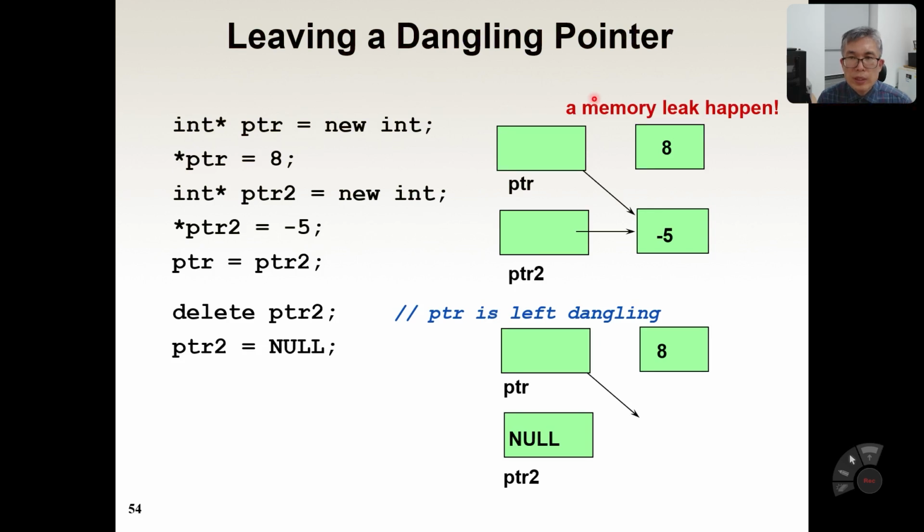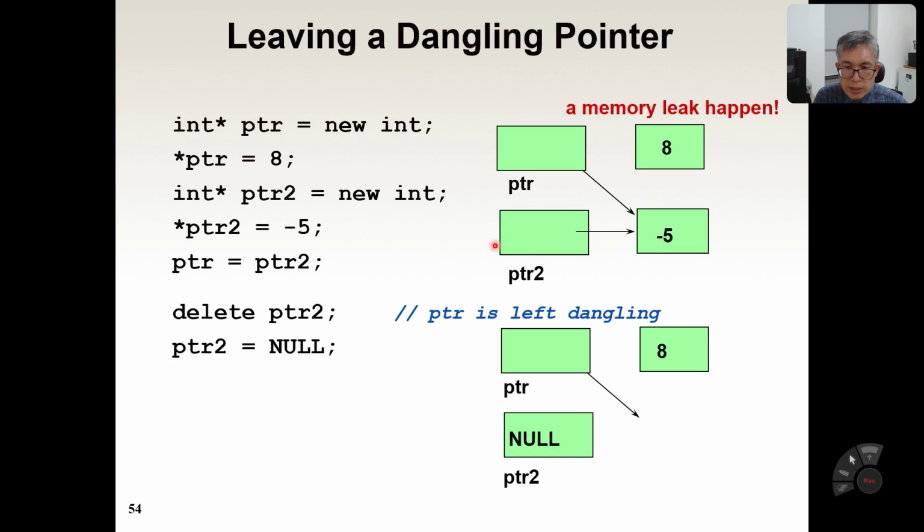So leaving a dangling pointer, this one is the summary. To summarize, the memory leak and the dangling pointer. Here we make a new int and initialize its value, and ptr points to it. ptr2 creates a new variable containing the value -5, and ptr2 references it. And then with delete ptr2, the node that ptr2 points to is deleted.